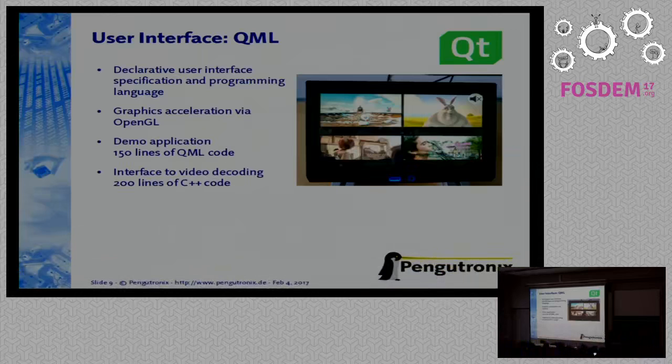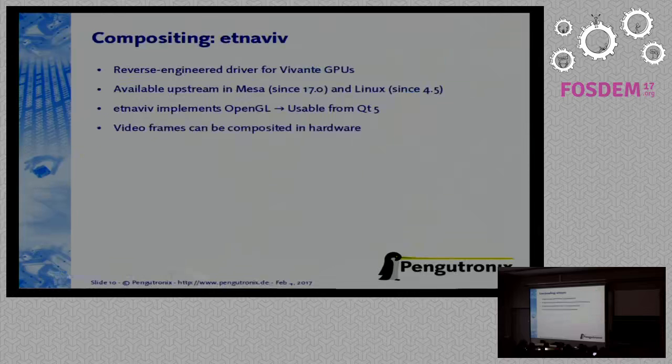As I said before, we are using OpenGL for that. The OpenGL driver is usually from Vivante and is a blob driver. We have an alternative here, the EtnaViv driver, which is a reverse engineered driver for the Vivante GPU.